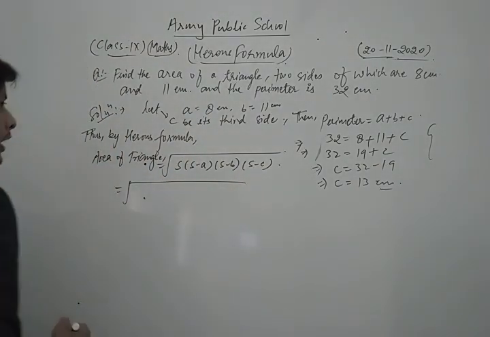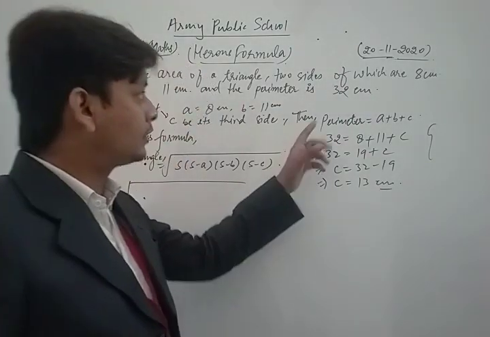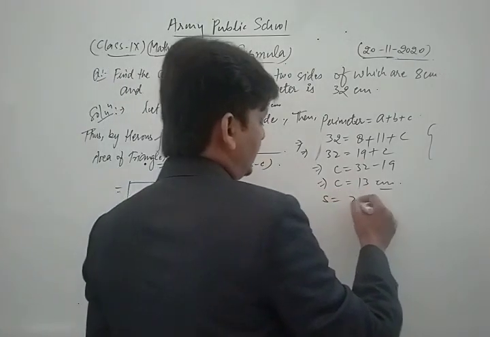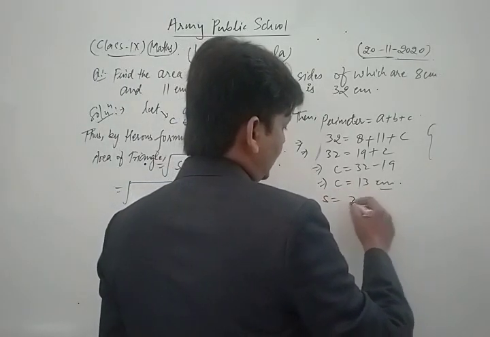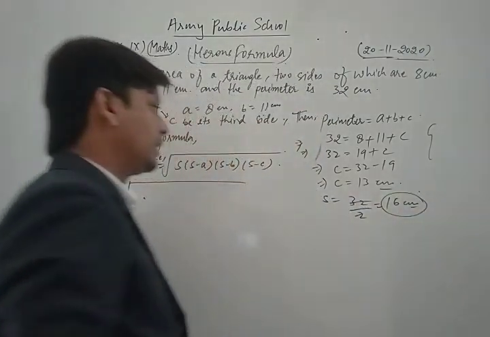S is our semi-perimeter, and in that question the perimeter is given. So the semi-perimeter will be 32 upon 2, that is 16 centimeter.